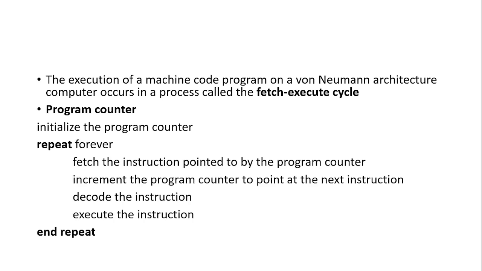In a computer system in which more than one user program may be in memory at a given time, this process is far more complex, and everything becomes very complex.